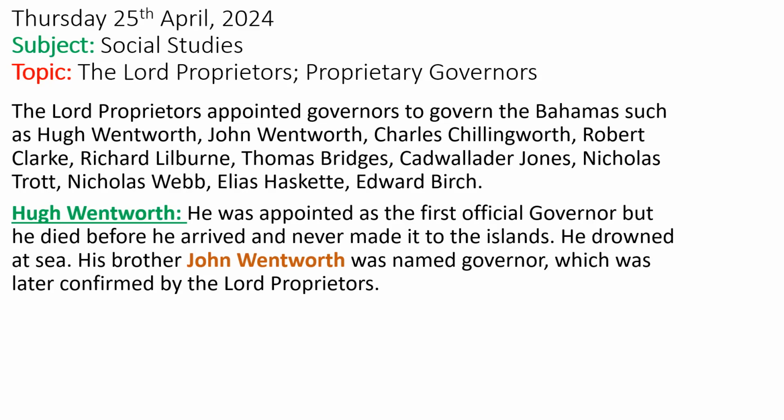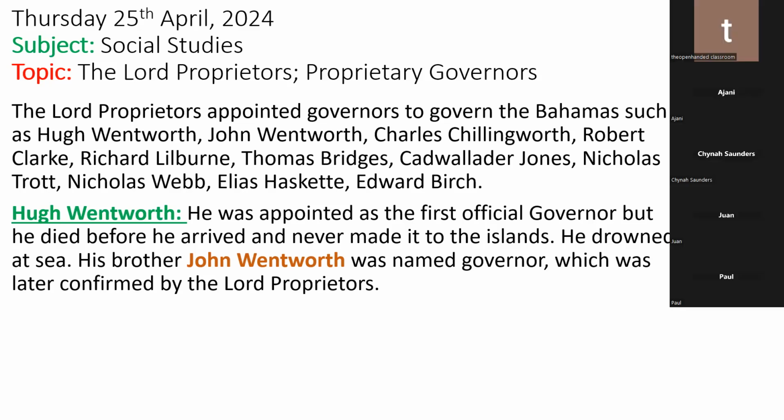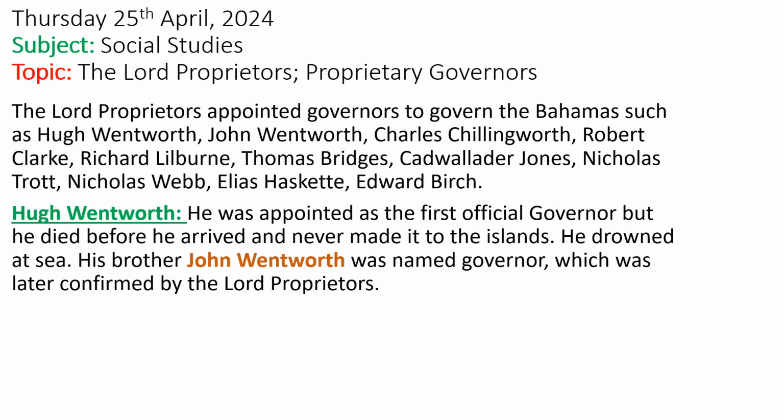Can you read the section on Hugh Wentworth? Read the paragraph on Hugh Wentworth. He was appointed as the first official governor, but he died before he arrived and never made it to the islands.